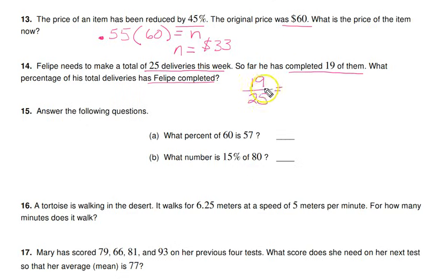Put that into our calculator, and we get 0.76. But that's a decimal fraction. We convert a decimal fraction to a percentage by moving the decimal point over 2 places and adding a percent sign. So our answer is 76%.